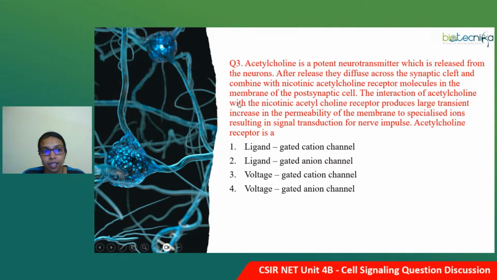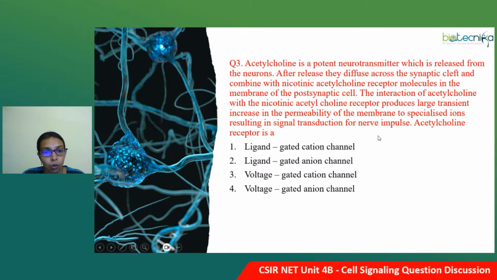Next question. Acetylcholine is a potent neurotransmitter that is released from the neurons. After its release into the synaptic cleft, it combines with nicotinic receptor molecules. So the interaction of acetylcholine with the nicotinic receptor produces a large transient increase in the permeability of the membrane that will allow ions to pass through, thereby providing the signal transduction of the nerve impulse.